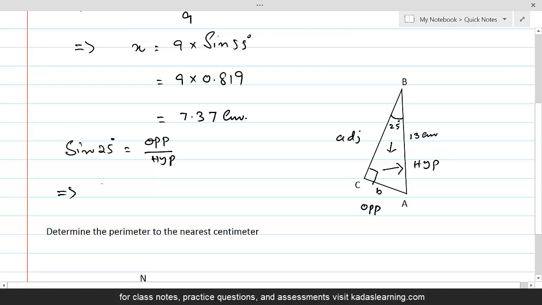This means sine 25 degree will be equal to b over 13.